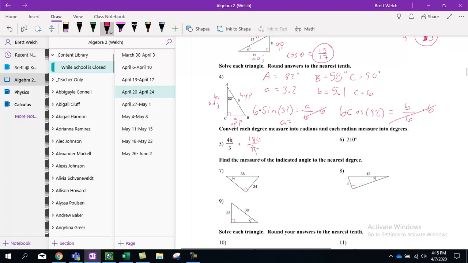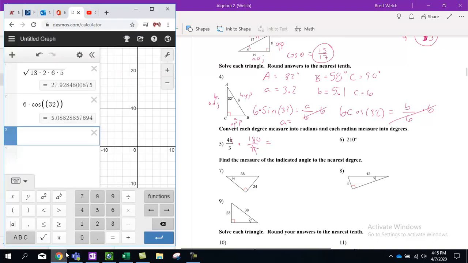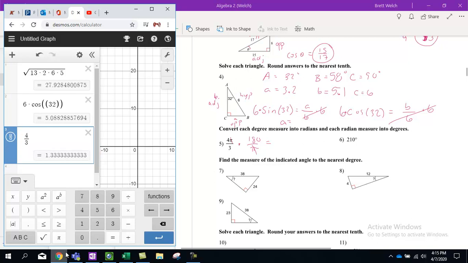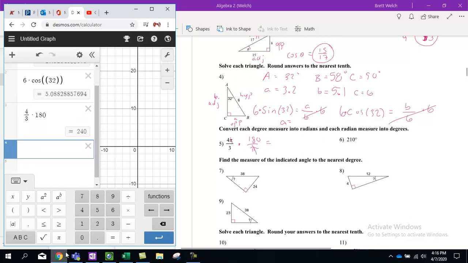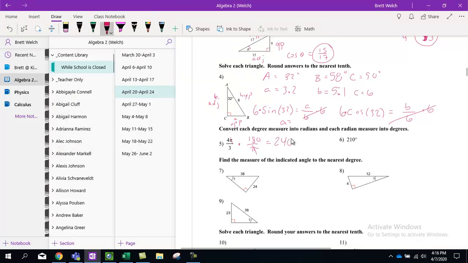The pi's are going to cancel, and we need 4/3 times 180. You can reduce this by hand, or feel free to put it in the calculator. In the calculator, it would just be 4 divided by 3 times 180. And that gives me 240 degrees. So this becomes 240 degrees.